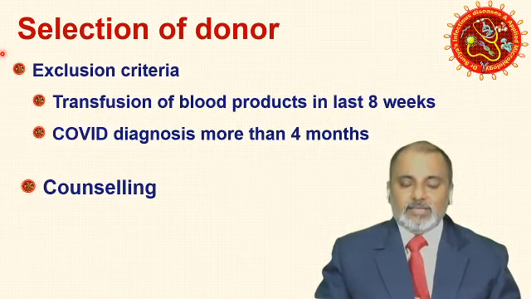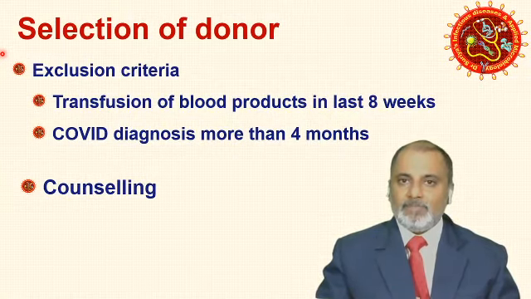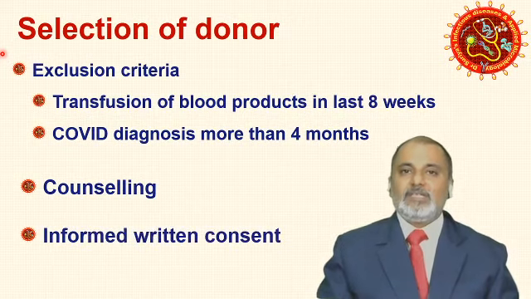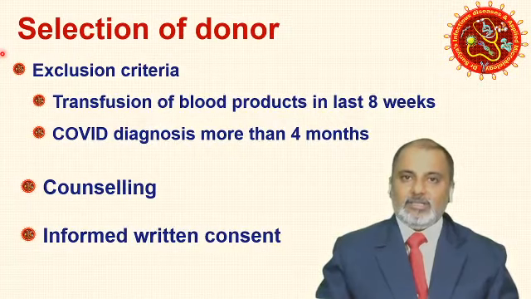We should explain to the donor the merits and demerits of plasma donation. After he has completely understood what convalescent plasma therapy is, what plasma donation is and the procedures, we should get informed written consent from him. Very important procedure.